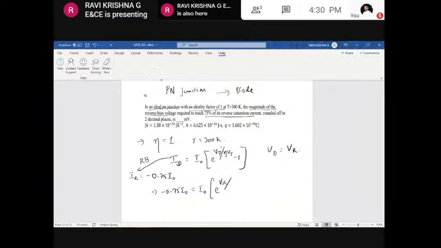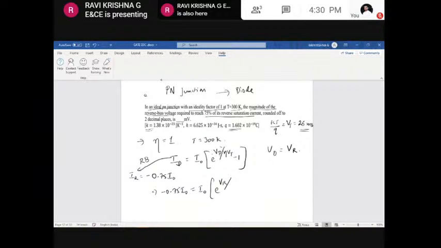The thermal voltage is not given, but since the temperature, K and the charge are known, we can calculate kT by q, which is the thermal voltage, approximately 26 millivolts.